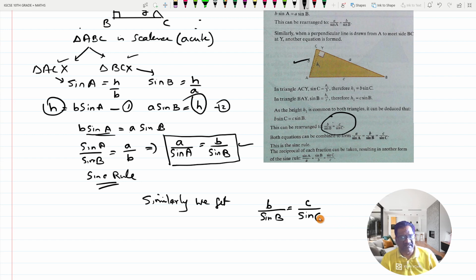So don't get confused between this small c and the capital C. Small c is the side and capital C is the angle. So this can also be derived in the same way along the same steps.